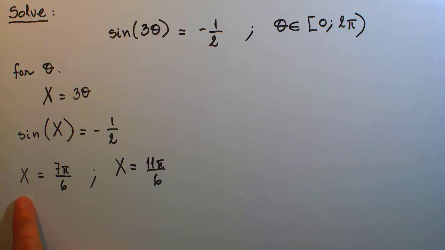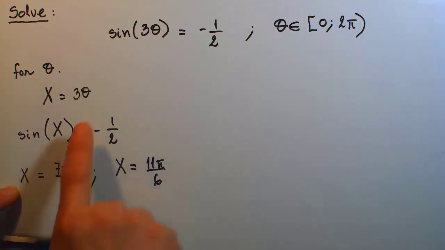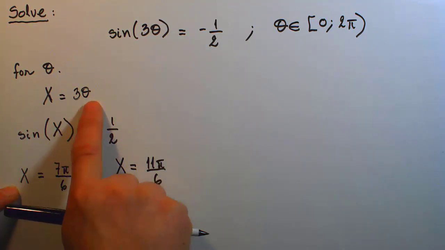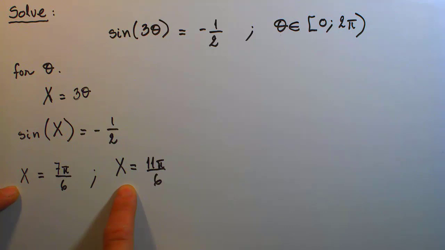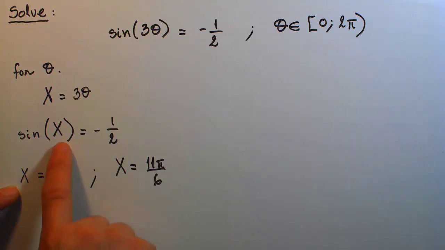At this point, let's start putting back the substitution expression of 3 theta into our found values for capital X. Keep in mind, capital X is not our solution to the equation yet. It's only what we found for capital X, and that's why we should go back and represent capital X as 3 theta.